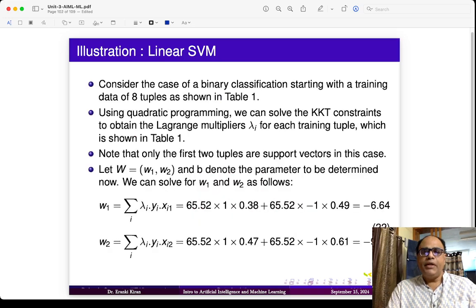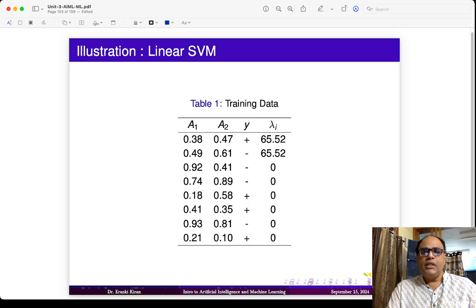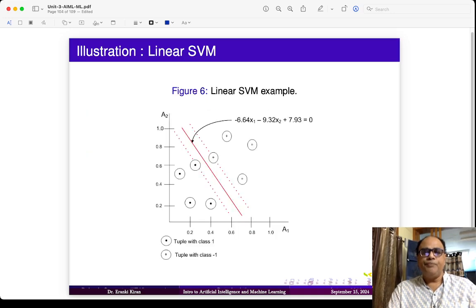This 7.93 comes from the data that has been provided.